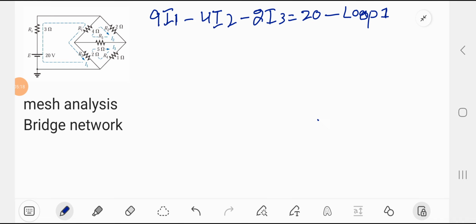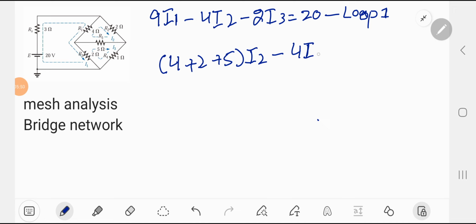How can we easily find it? In loop 2, I2 current is flowing, so the resistors associated with I2 are these, and the mutual resistance among I2 and I1 is 4 ohm, and the mutual resistance among I2 and I3 is 5 ohm, and this is equal to 0.